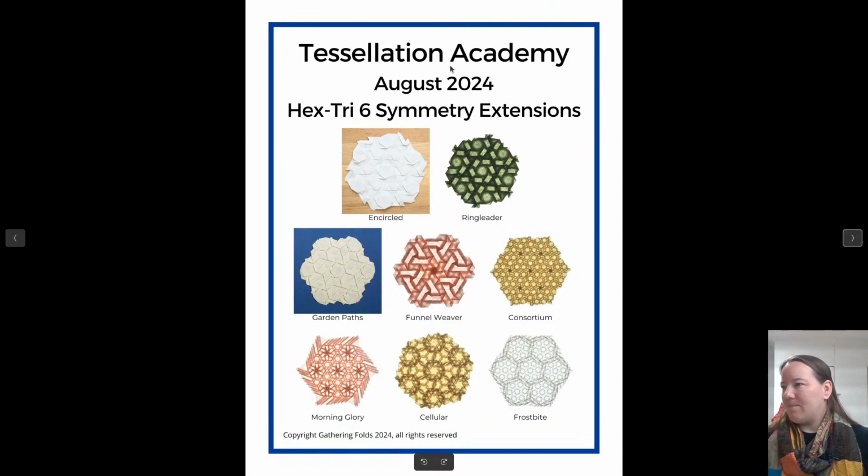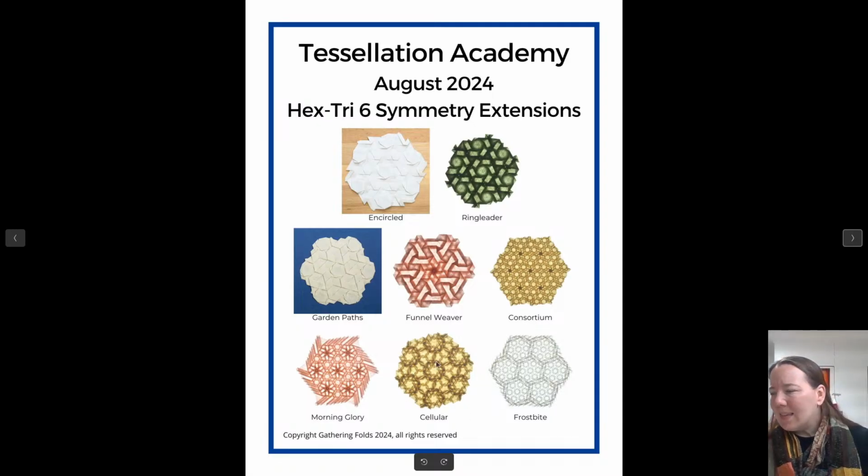And here we have, speaking of the hexagons and triangles 6-fold tiling, different symmetry extensions. So I talked about this first symmetry extension with regular twists and with hybrid twists. And then the second symmetry extension, here's 2 patterns in that. The third symmetry extension, the fourth, and we get into more complex ones also.